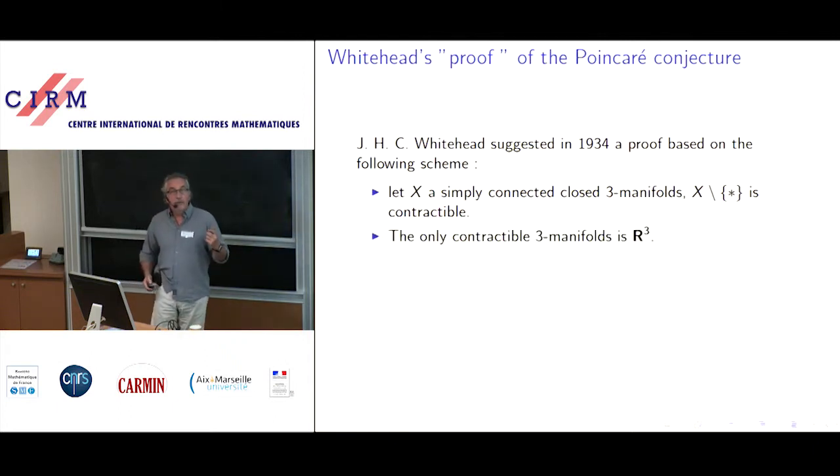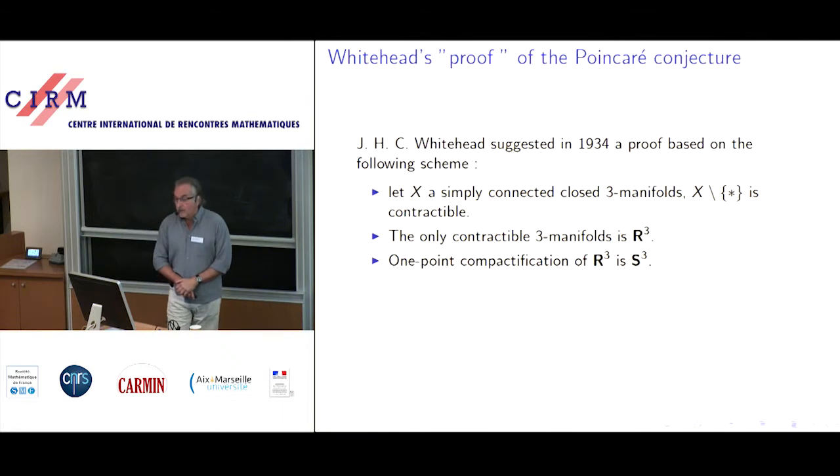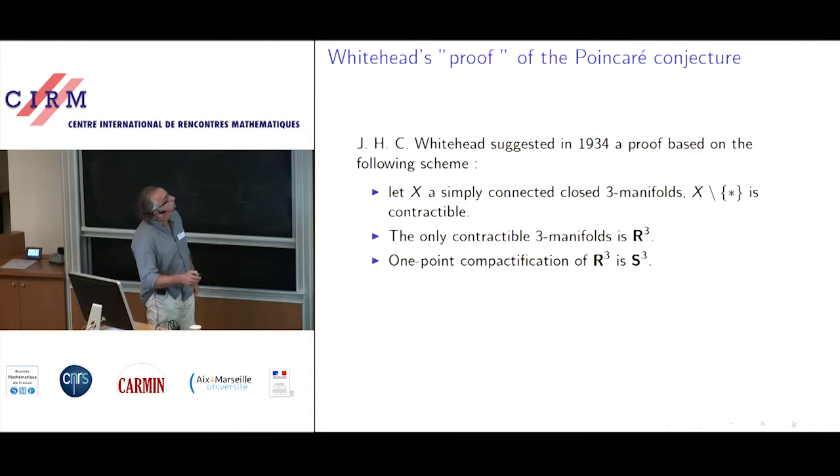Now the only contractible free manifold is R3, and now if you put back the point, then R3 plus a point is S3. So there is a mistake here, of course. It's not completely wrong, to be honest. Of course, the mistake is on the second point here.